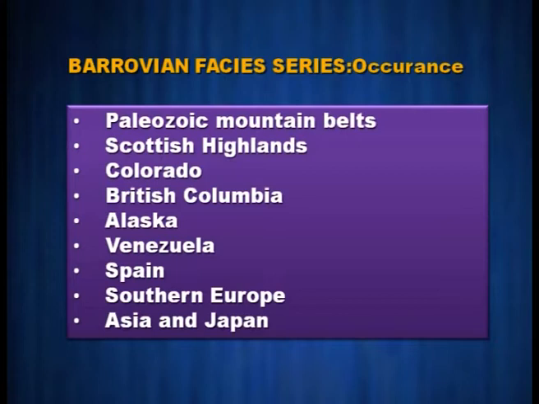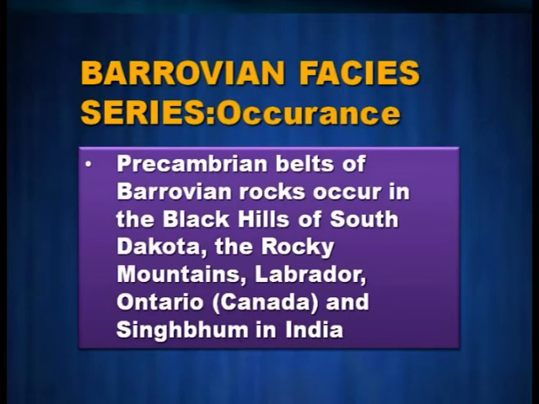The Barrovian facies series occurs in a number of Paleozoic mountain belts as well as in some of Precambrian age. The classic region is the Scottish Highlands. Other belts with Barrovian rocks occur in Colorado, British Columbia, Alaska, Venezuela, Spain, Southern Europe, Asia, Japan, etc. Precambrian belts of Barrovian rocks occur in the Black Hills of South Dakota, the Rocky Mountains, Labrador, Ontario, Canada, and the Singhbhum in India.